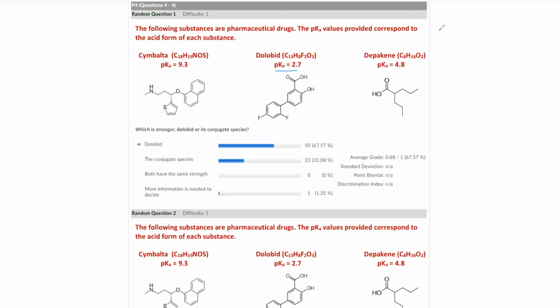And we know that pKa plus pKb is equal to pKw, or 14 at 25 degrees Celsius.